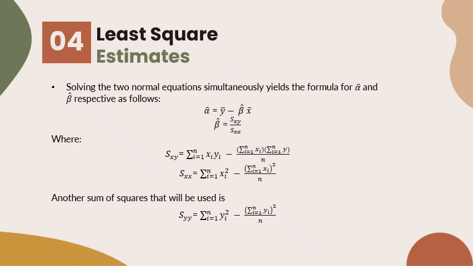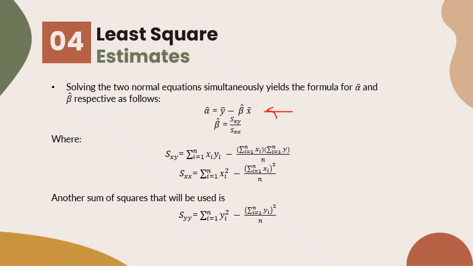So this is the general form of the regression model: alpha hat equals y bar minus beta hat x bar, and beta hat is equal to Sxy over Sxx.